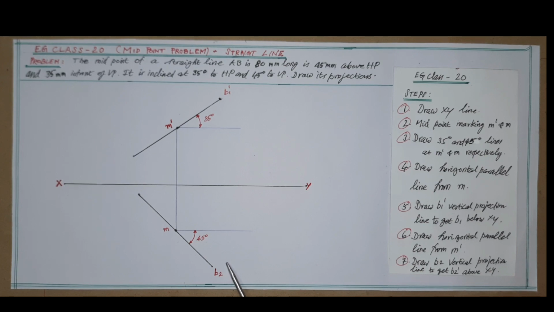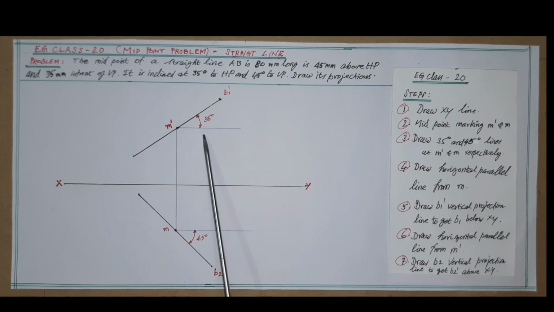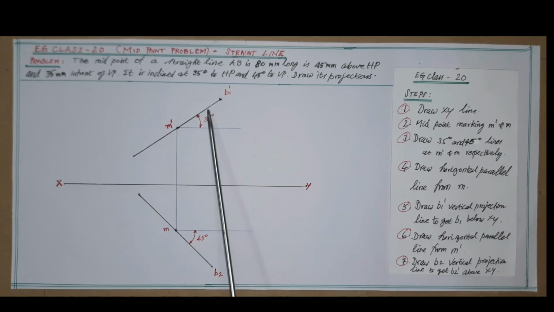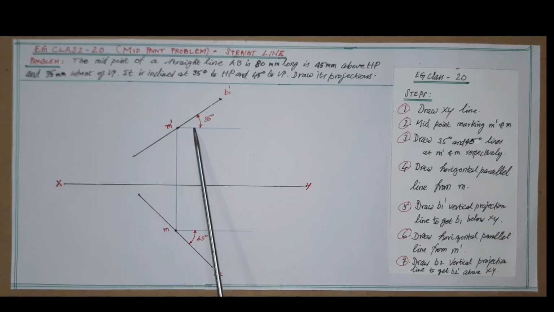So, in the next step 3, mark supporting horizontal lines parallel to XY at M dash and also at M. Now, as given in the problem, mark the 35 degree angle at M dash and draw a line in that direction through M dash and keep the line length as 80 millimeter.